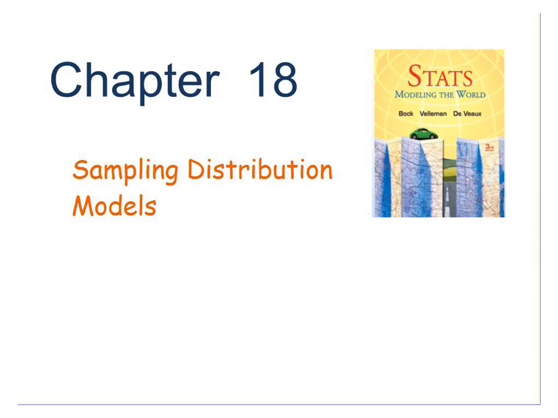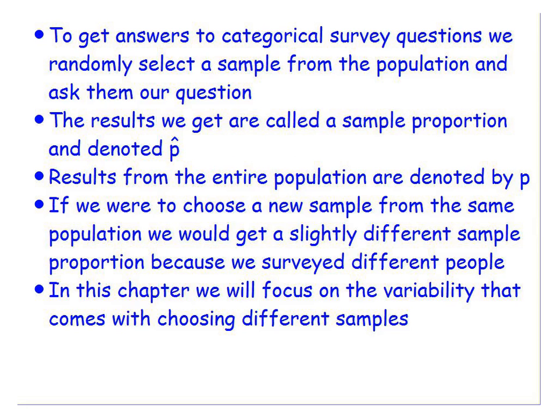So let's take a look at some important information. To get answers to categorical survey questions, which, if you remember, categorical is questions like, what's your favorite color? Things that fall into a category. We always randomly select a sample from the population and we ask them our question. The results we get from that sample we call a sample proportion.